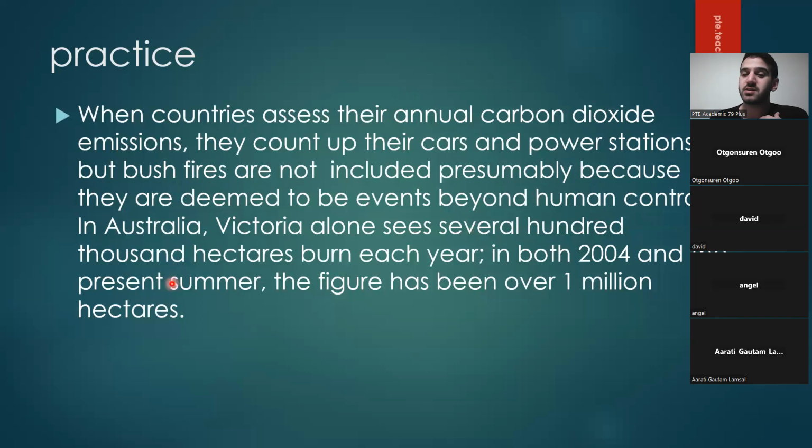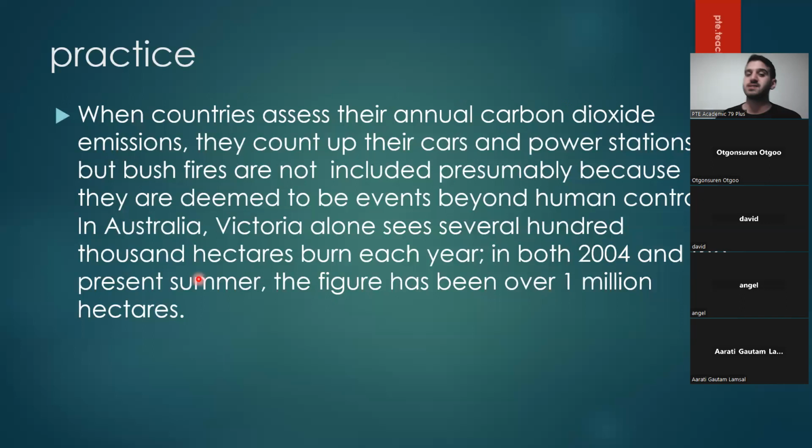In Australia, Victoria alone sees several 100,000 hectares, again, said all together, several 100,000 hectares burn each year. In both 2004, so Americans usually say 2004. British, they don't say the N, 2004. Whatever you say is correct, whatever is more comfortable for you. In both 2004 and the present summer, the figure has been over 1 million hectares.